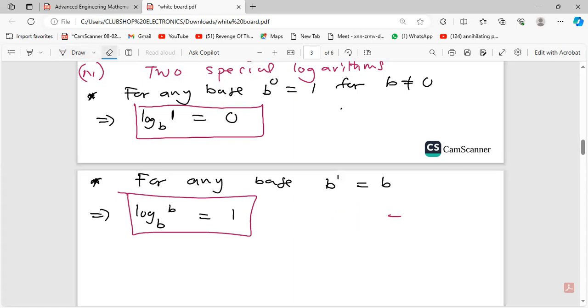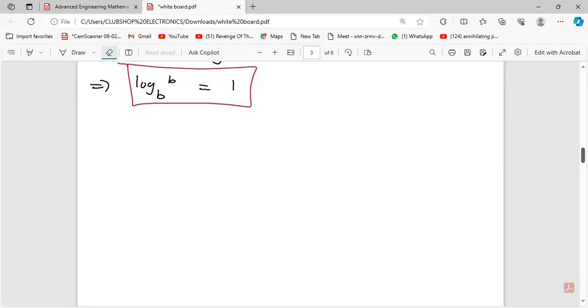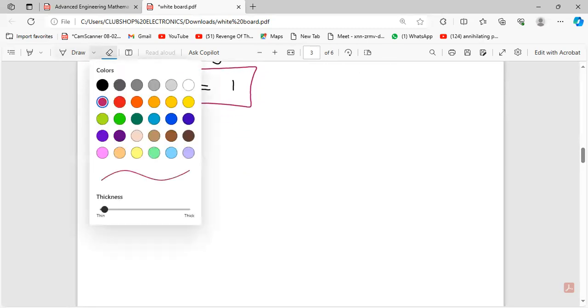Now, with these properties, we should be able now to answer different questions. Right? Answer different questions. Let's look at the question that I have.